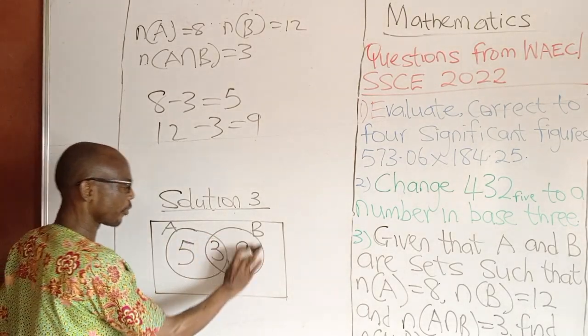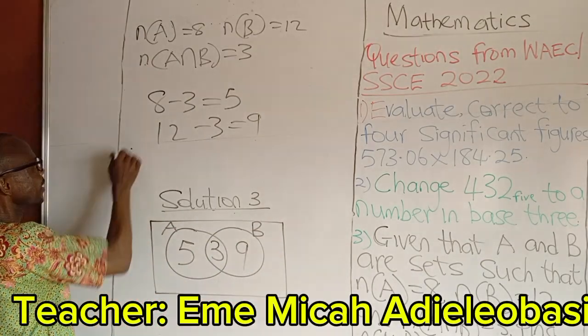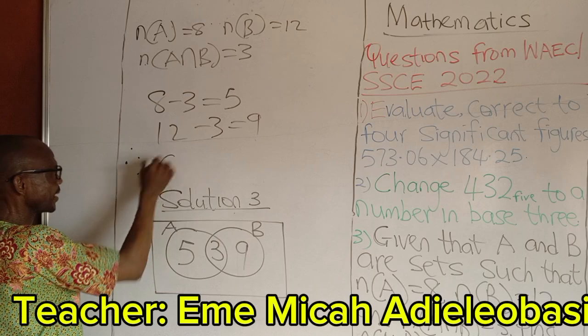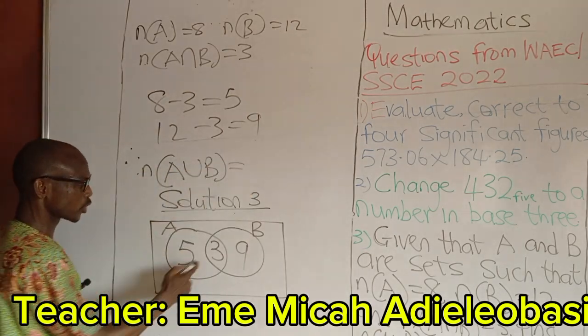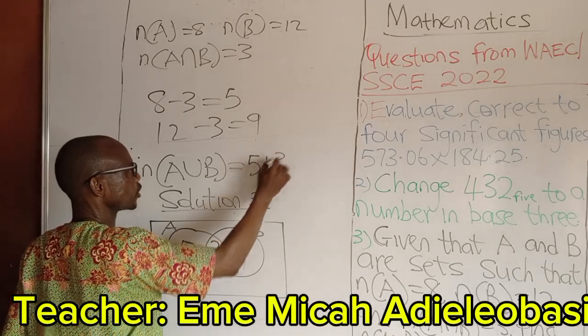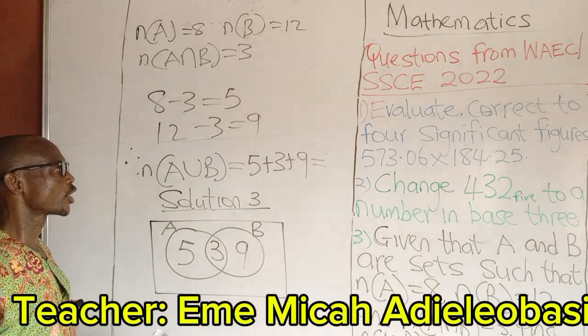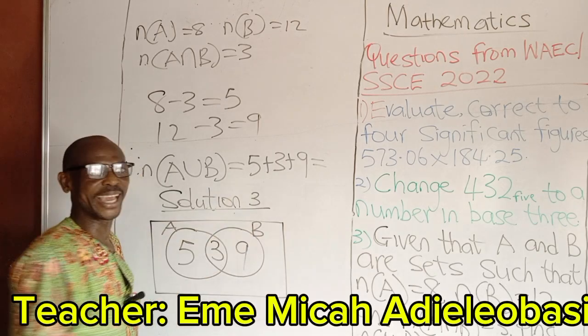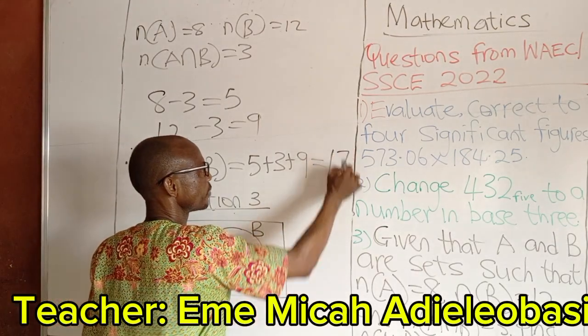Union is everything we have in A and B. So our answer, n(A union B), now becomes 5 plus 3 plus 9. 5 plus 3 is 8, and 8 plus 9 gives us 17.